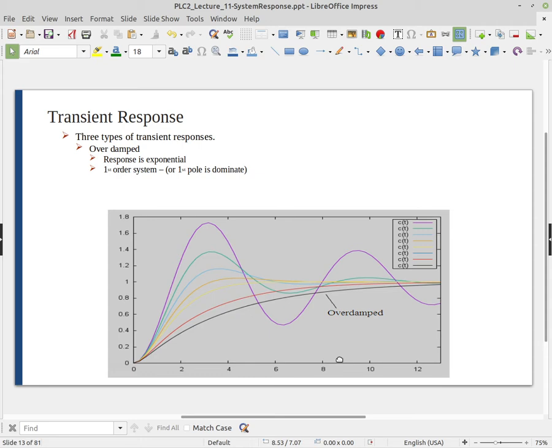It may not actually be a first order system, but it's a system where one pole is dominating, and we'll get into more detail about how we figure out what the poles are. But if it's an overdamped system, we have one pole that is basically the slowest pole in the system, and it's pretty much dominating everything else. So that's an overdamped system.